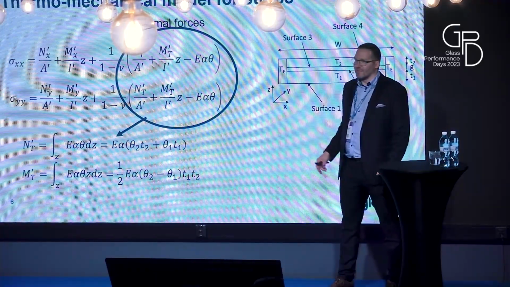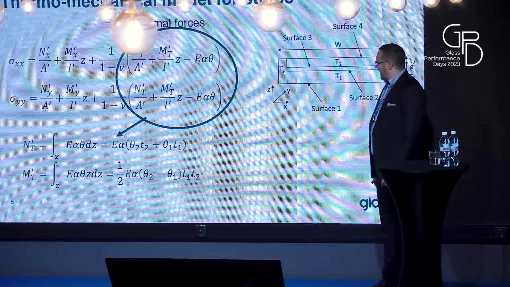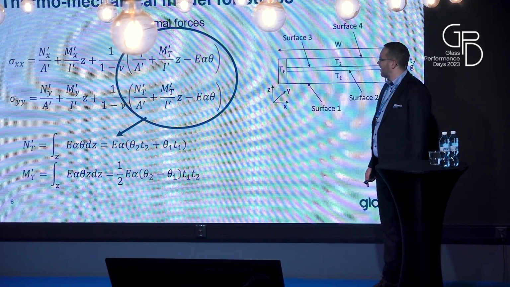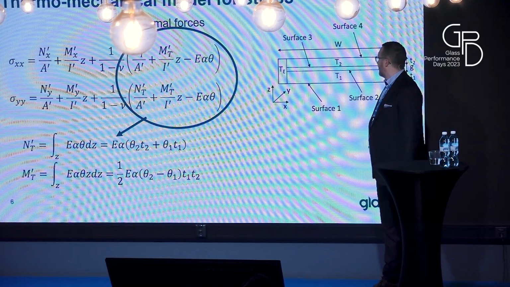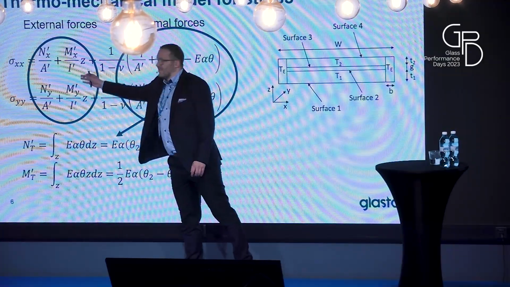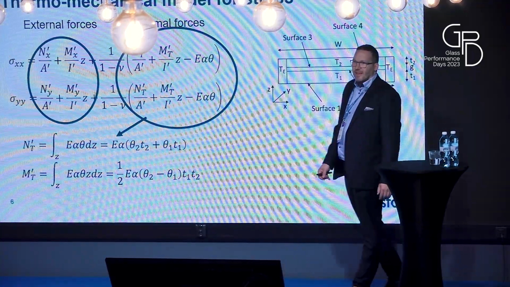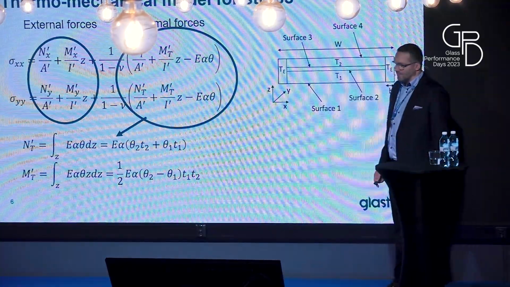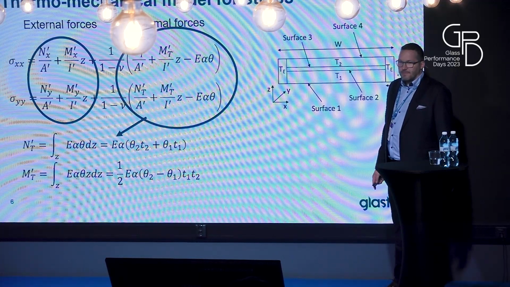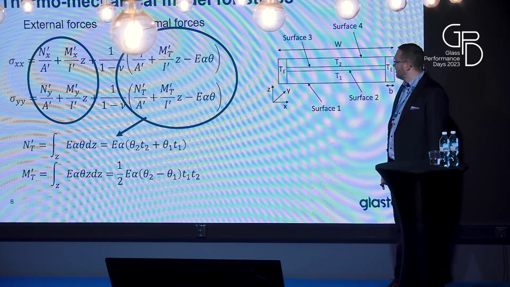Here are some equations for how the normal stress and bending thermal effects are calculated. But in this equation, external forces also play a big role, and that depends on what kind of edge constraints you have in your system, where you have installed this vacuum insulated glazing.